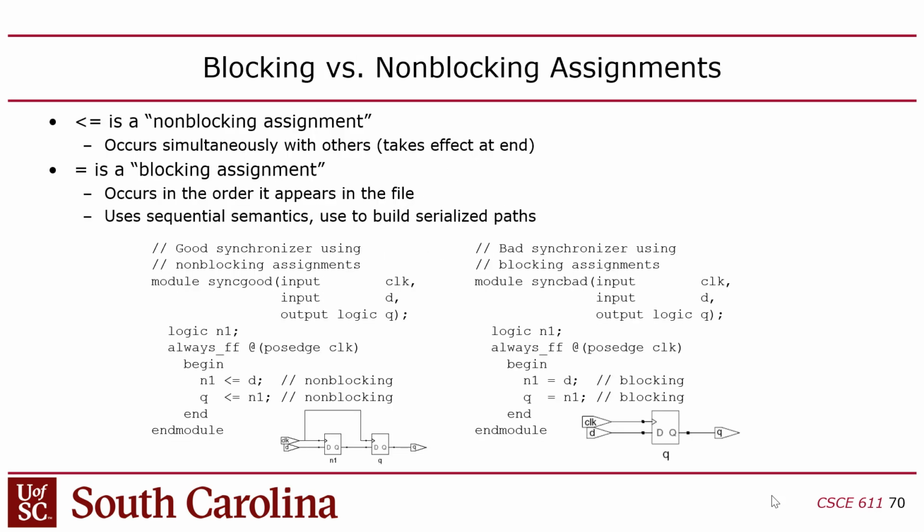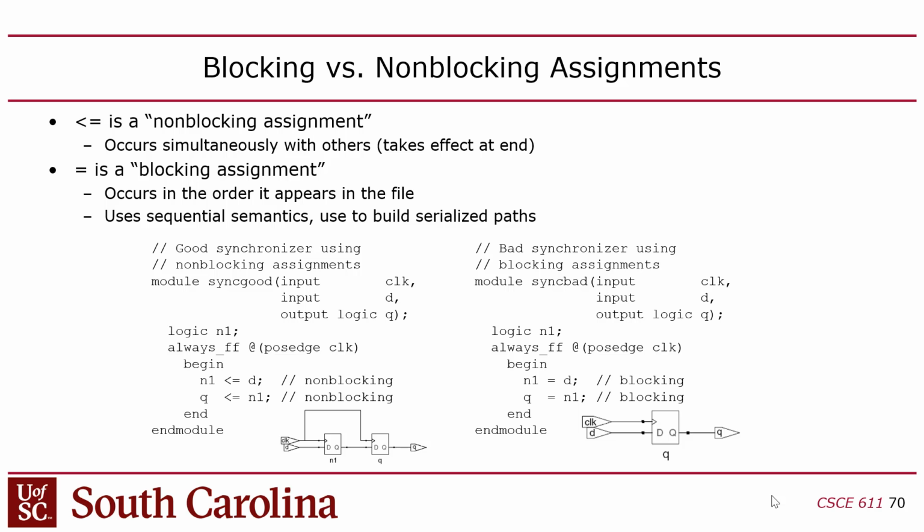This part is confusing to the point where it's almost impossible to explain. But I mentioned that inside an always, you can use an equal sign to assign a signal, or you can use a less than equal.